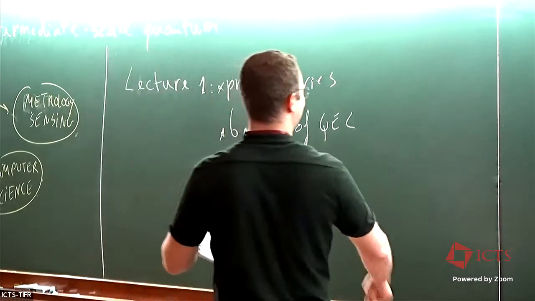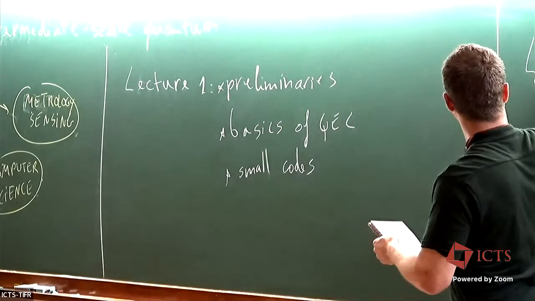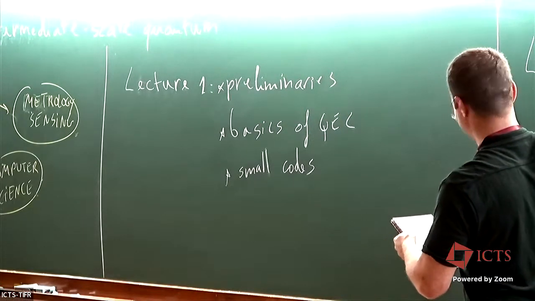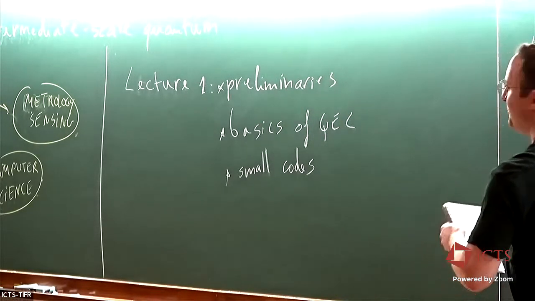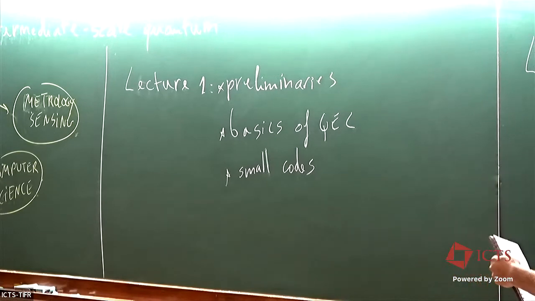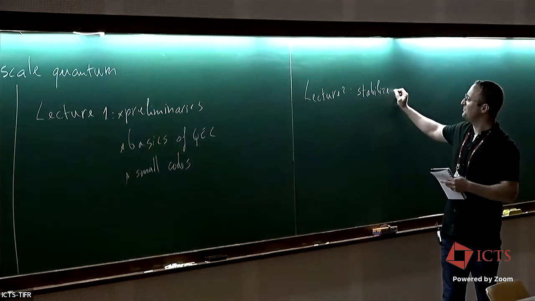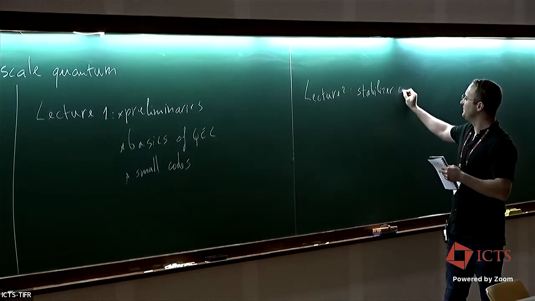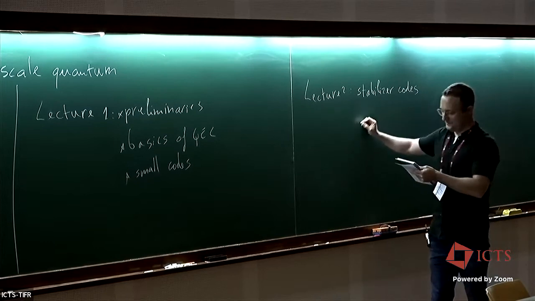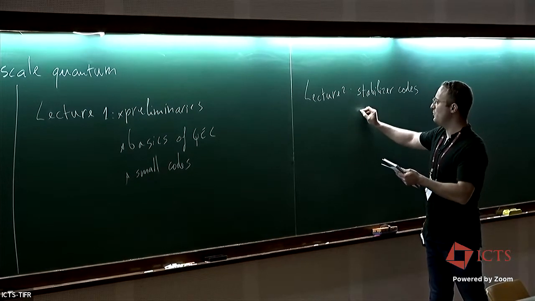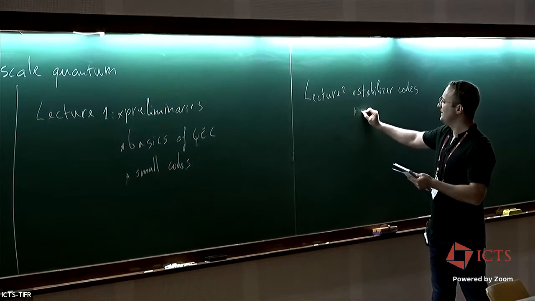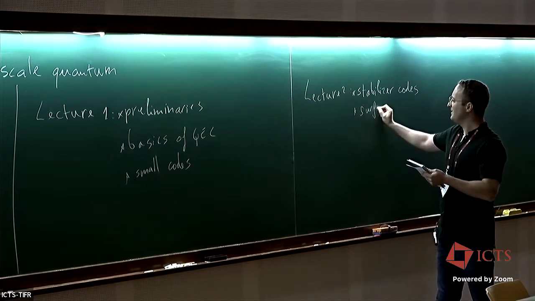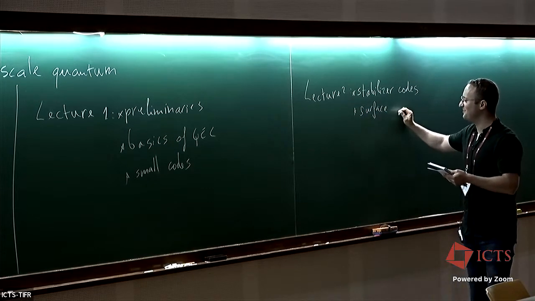I hope I'm writing big enough for everyone. In lecture 2, we'll go to something a bit more formal, structured. We'll talk about stabilizer codes, which is one of the workhorses of quantum error correction. We'll talk about the surface code and topological codes, to which we had a wonderful intro today.